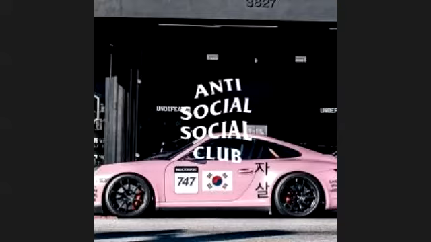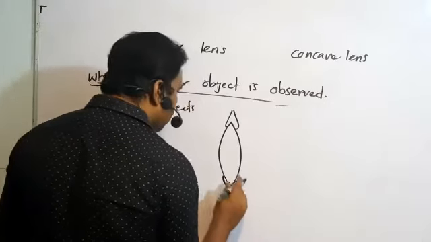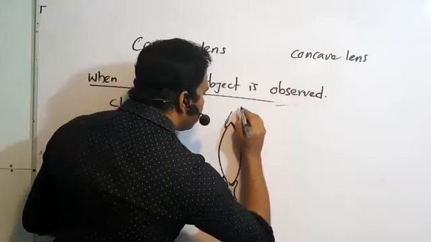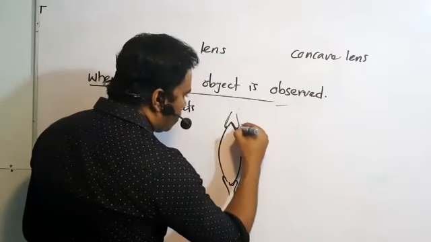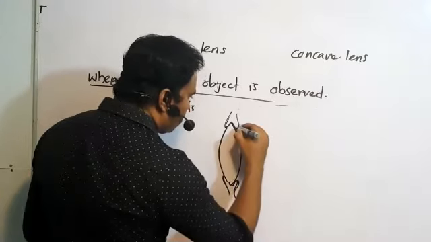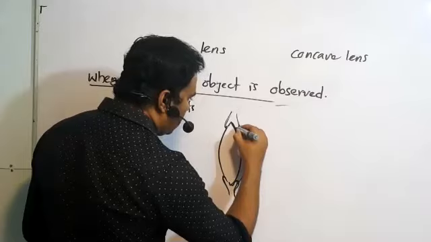This is the ciliary body. It's already attached to this, which holds the lens. It exists like this.